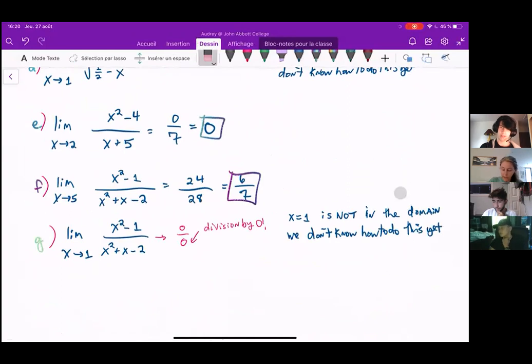So basically what we just saw here is if when you plug in, it makes sense, then that was probably the right thing to do, and that's your answer.